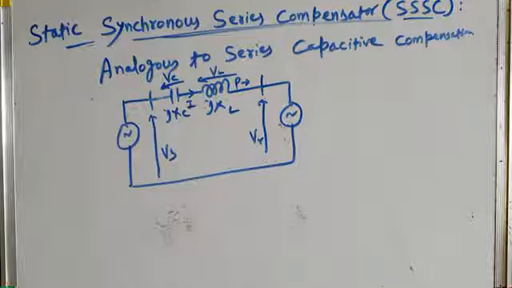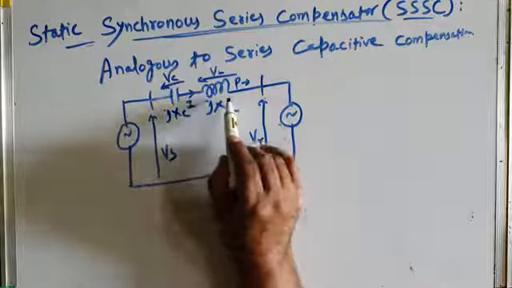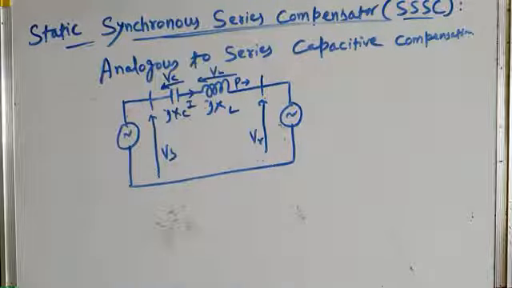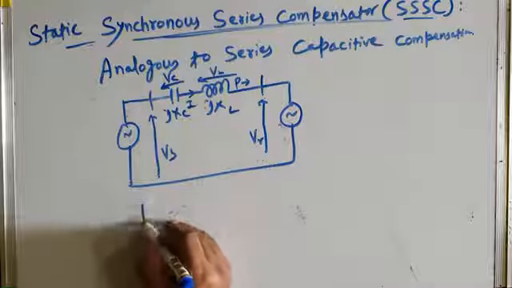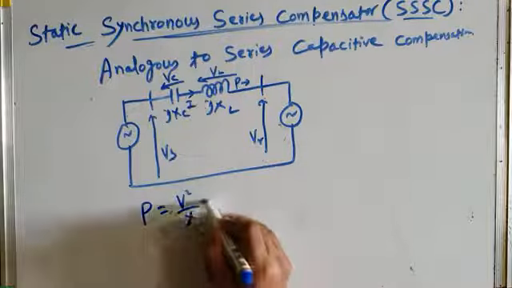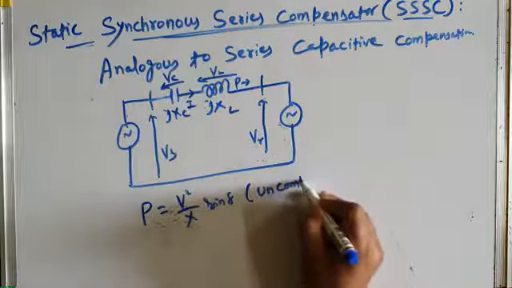Okay. So as you already know, when we put a capacitor in series with the transmission line, it reduces the overall reactance of the transmission line. And we know that for an uncompensated transmission line, P is equal to V squared by X sine delta. This is for an uncompensated transmission line.